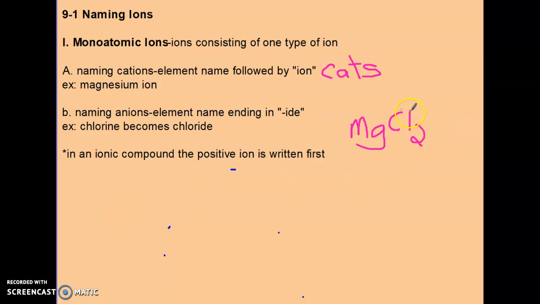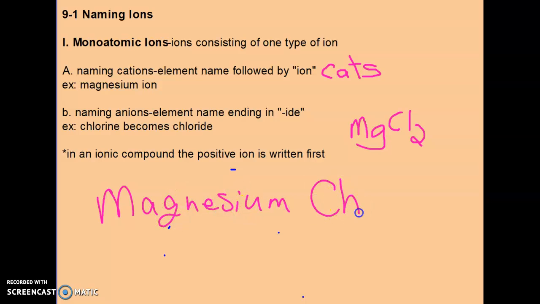So the name of this compound is literally just magnesium chloride. The positive ion, magnesium, is just called the magnesium ion. Chlorine, the anion or the negative ion, is not called the chlorine ion, we call it the chloride ion. So this is magnesium chloride. Super simple.